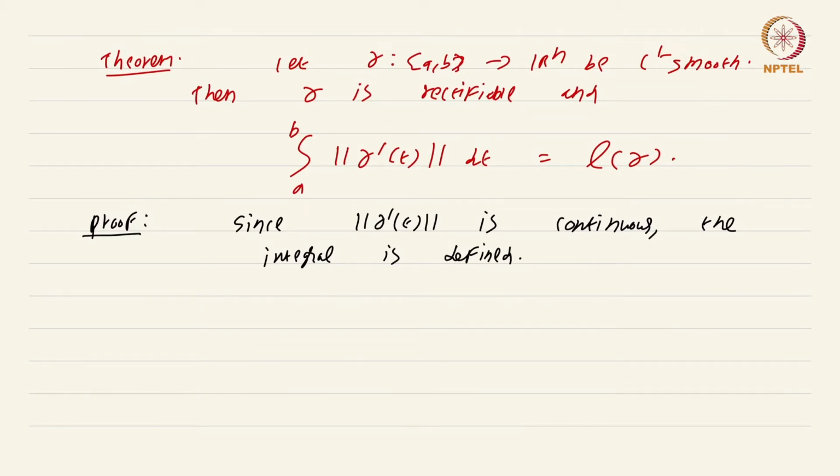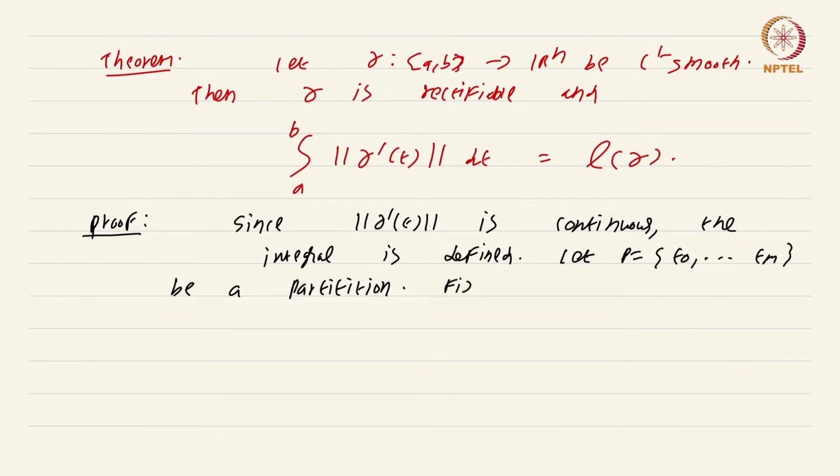So there is no issues here with definedness of the integral. So let's start with the partition. Let P equal to t naught dot dot dot tm be a partition. As usual, I will always write the partition out in the increasing order. It's implicit in the way I've written it out: t naught is less than t1 dot dot dot less than tm.